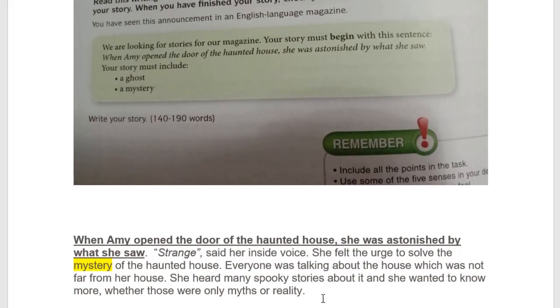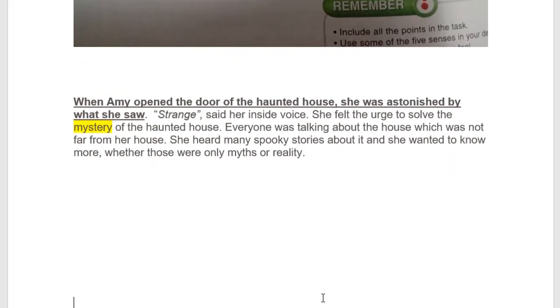Okay, I will show you the first paragraph. The first paragraph. Okay, just now the instructions say you must begin with the sentence given. So this is the sentence given. When Amy opened the door of the haunted house, she was astonished by what she saw. Strange, said her inside voice.